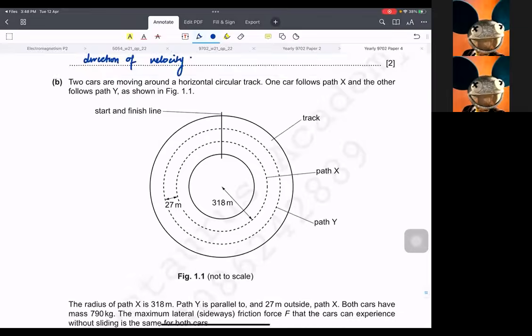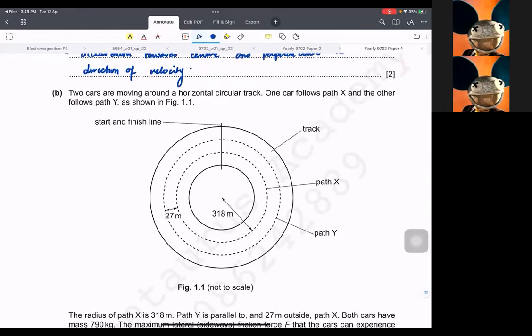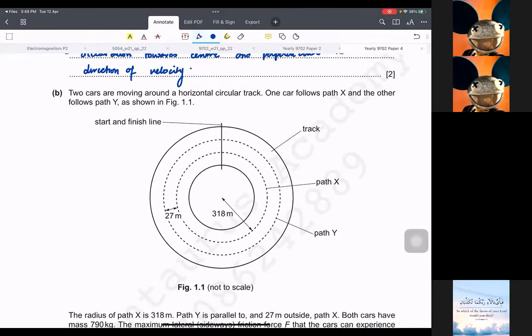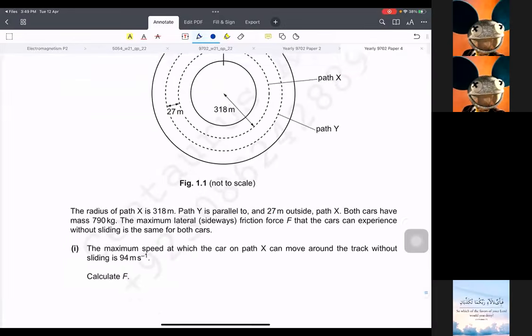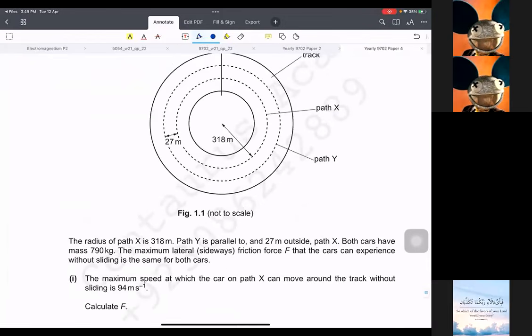Now, it says 2 cars moving in a horizontal circle. One car follows the path X, and the other path Y. The radius of path X is 318 and path Y is parallel to it. Both cars have the same mass.